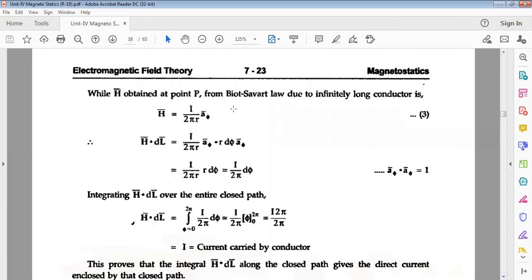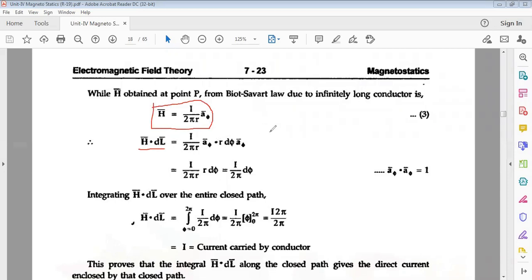Now H bar at the point P from the Biot-Savart law due to the infinite long conductor, we know that H bar is equal to I by 2 pi R A phi bar. So H bar dot DL bar is equal to I by 2 pi R A phi bar dot DL bar.